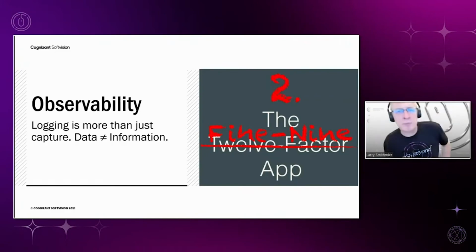Step number 2 is observability. And one of the ways that we're able to ensure that in our test environment we can replicate a problem is because we've added this observability. Logging is more than just capture, okay? Data is not the same as information.